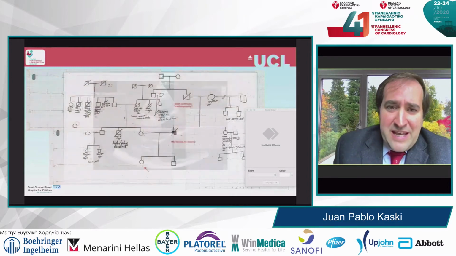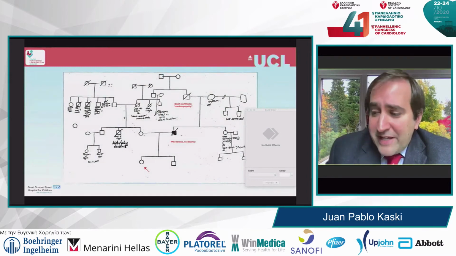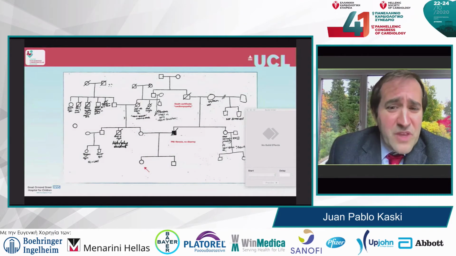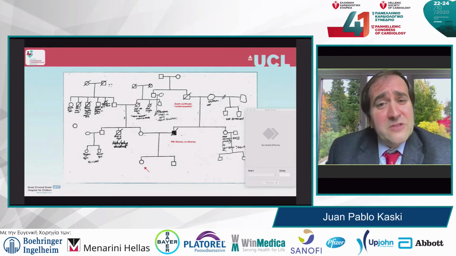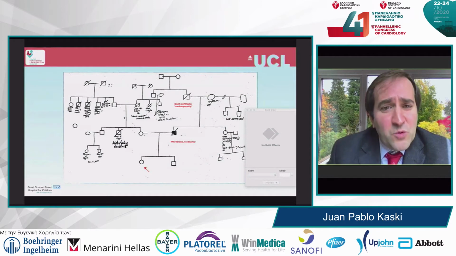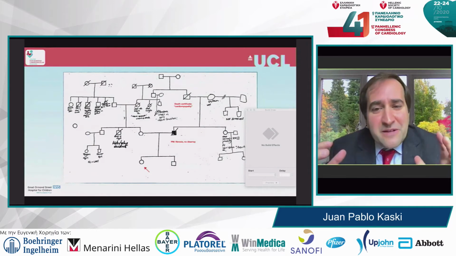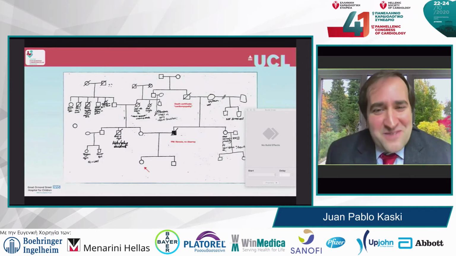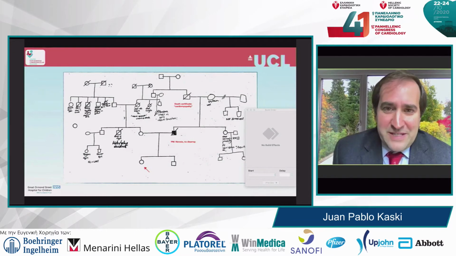At this point, we were able to get hold of the post-mortem report on her father, which did not show any evidence of left ventricular hypertrophy, but did show significant left ventricular fibrosis. So this again highlights the importance of looking at the information in the context of the family history, but also involving all of the information that's available to us when we make these diagnoses.